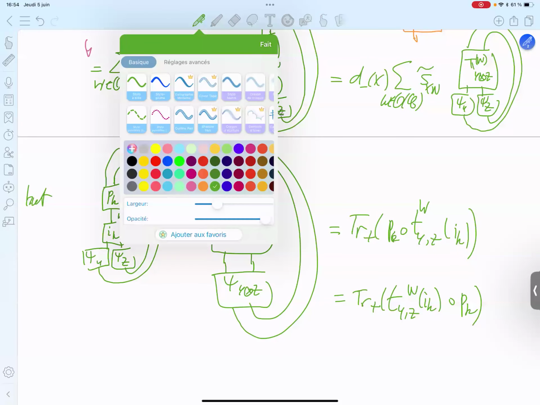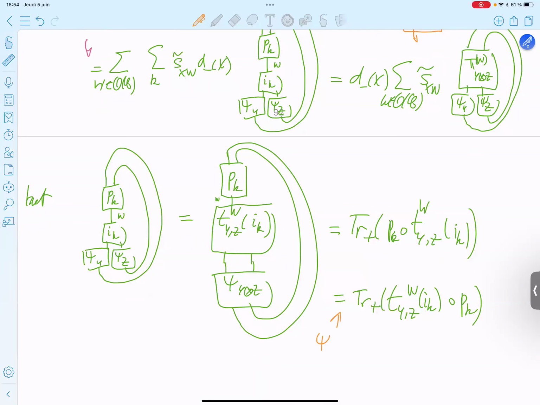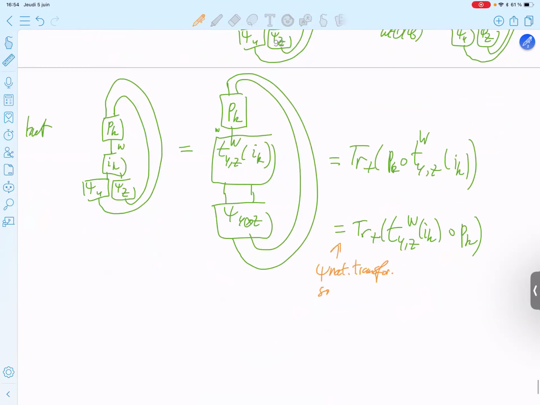And you can justify as follows. Because phi is a natural transformation, by definition of a natural transformation, the natural transformation says the following: pk double star composed with phi z equals phi w compose pk.